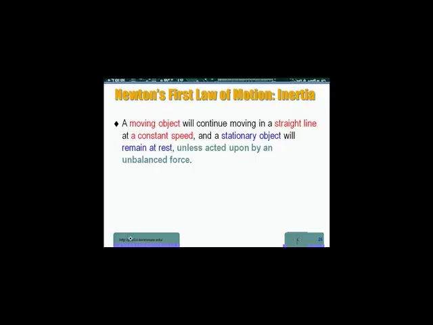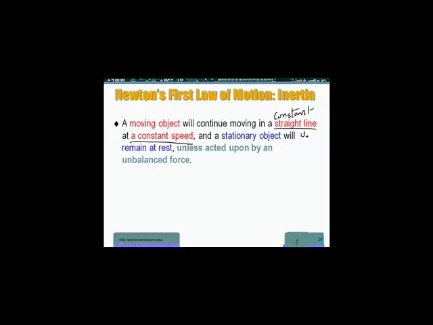Now, a slight reminder here. Remember Newton's first law? It says a moving object will continue moving in a straight line at a constant speed. What that was talking about is moving at a constant velocity.